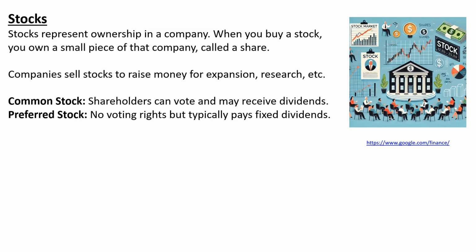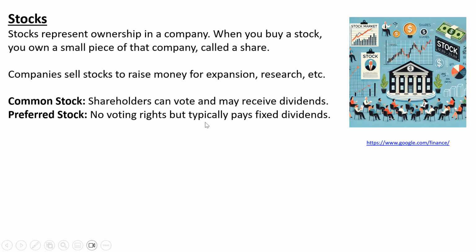That's generally put to the shareholder vote. Sometimes if the company has an offer to be taken over, then that would be put to the shareholders for a vote. The owners of the common stock also have the right to receive dividends, and sometimes the dividends will be big, sometimes they'll be small.